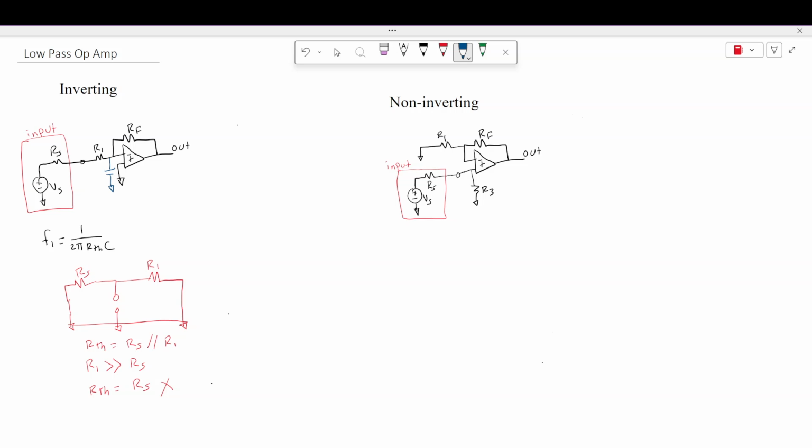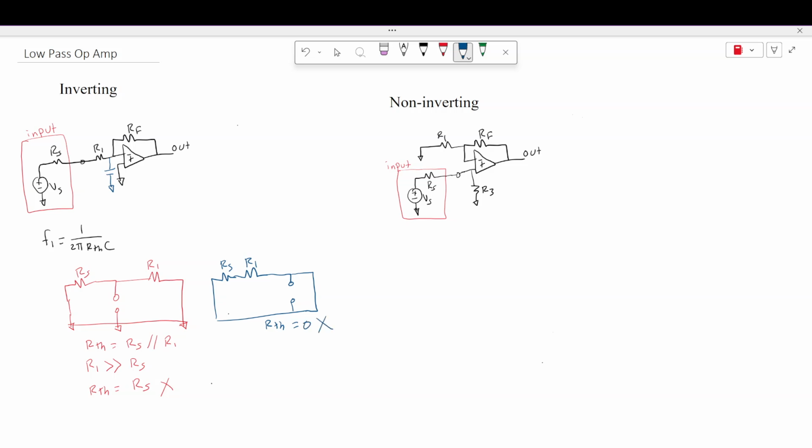So now we're going to redo this. Let's redraw this. This is our RS. This is our R1. This is going to be our Thevenin equivalent points, and then we have the virtual short of our op amp, and so now we see that our Thevenin is equal to 0.